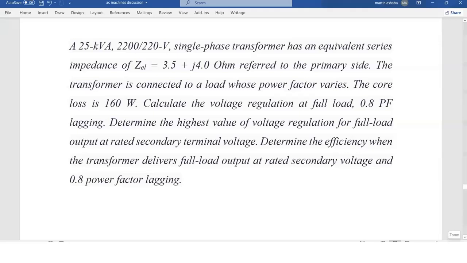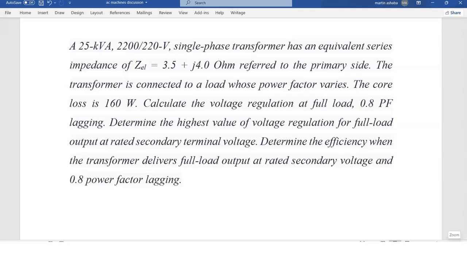The guiding question today says a 25 kVA, 2200/220 volts single phase transformer has an equivalent series impedance of 3.5 + j4.0 ohms referred to the primary side. The transformer is connected to a load whose power factor varies, of course, with the load.